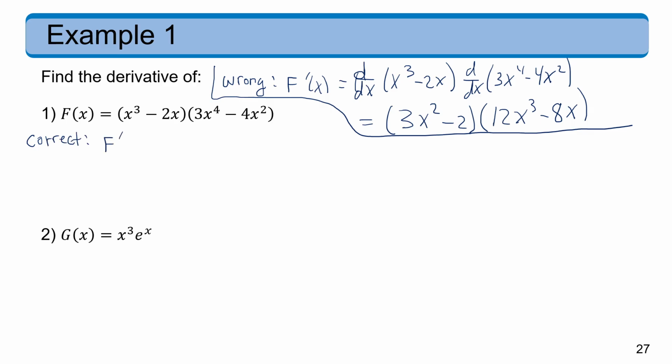So to find this derivative, we first observe that f is a product of two functions of x. So using our product rule, we start with first times derivative of the second. So first is the first set of parentheses, x cubed minus 2x, multiplied by derivative of the second.